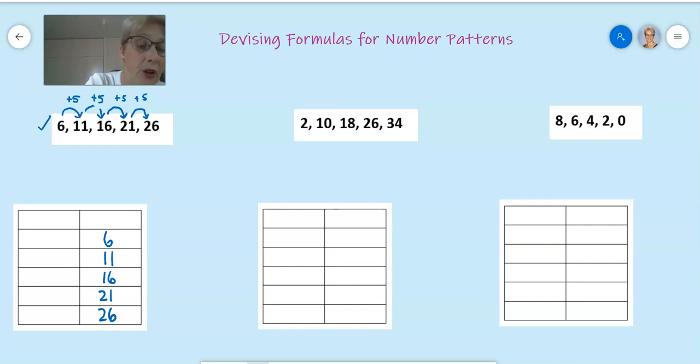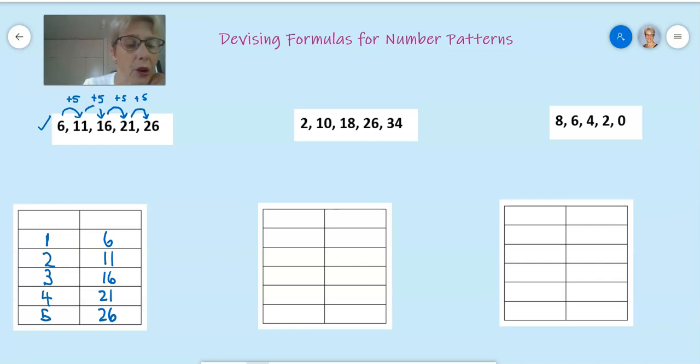In the left-hand column, I'm going to put in the position of each number. And what I mean by that is I'm going to put 1 here because 6 is the first number in the pattern. 11 is the second number. 16 is the third, 21 is the fourth, and 26 is the fifth.